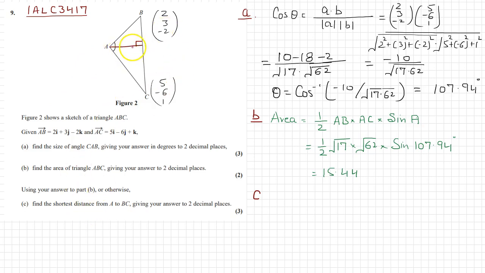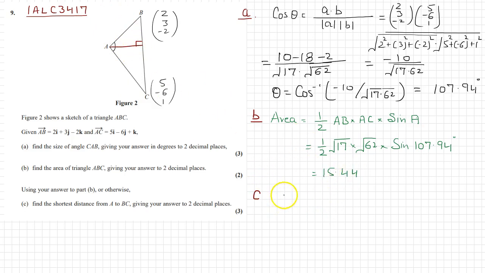Now to calculate this, we know the area of a triangle is base multiply height over 2. So now we are going to use this formula on this triangle so that we get this height, because we already know the area of this triangle.